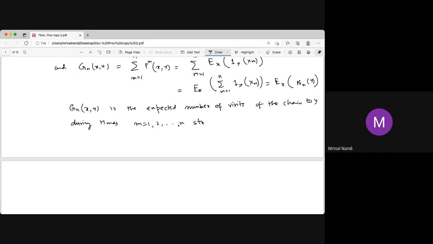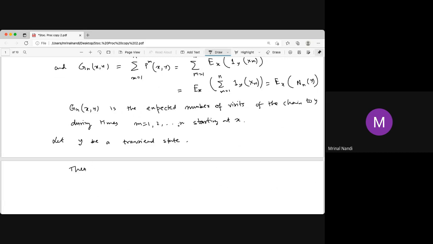Now starting at x, remember that is starting at x. Now let y be a transient state. Then what happens?